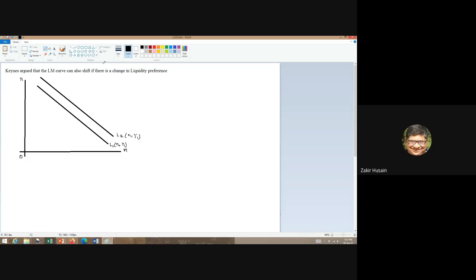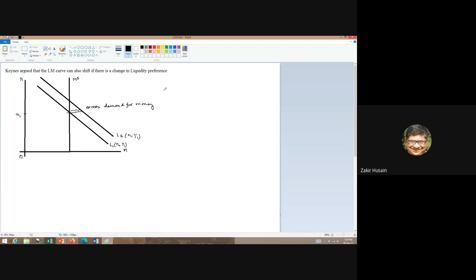Okay. So if there's a constant money supply, this was the initial rate of interest R1, and at this rate of interest, we can see that there's excess demand for money.